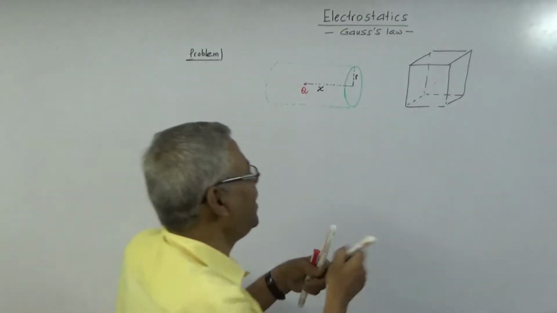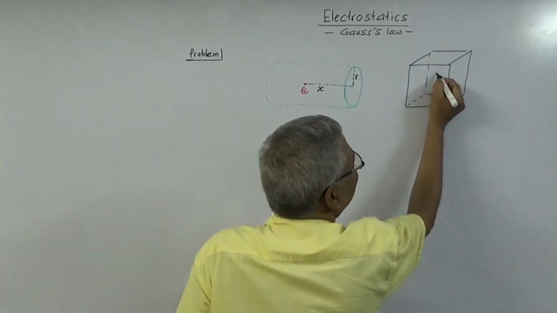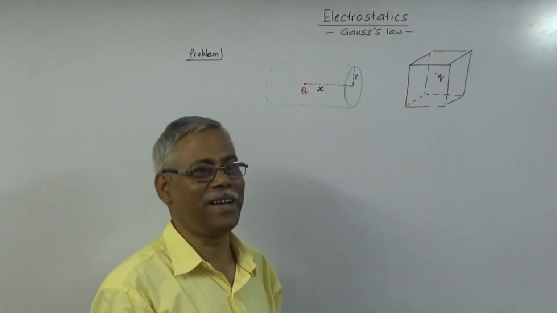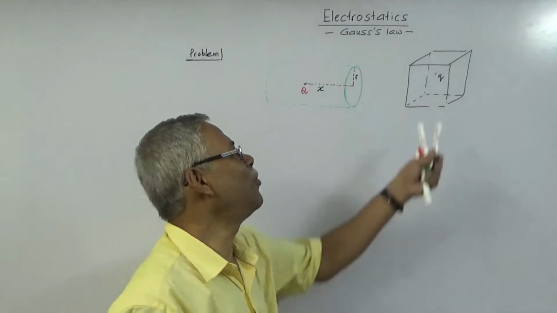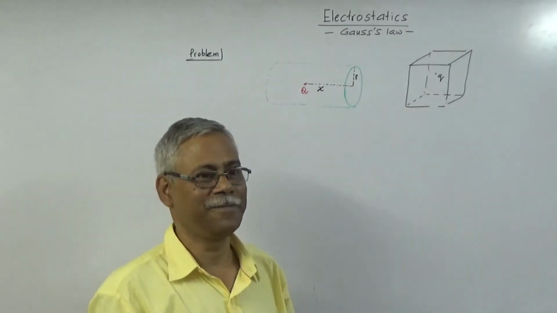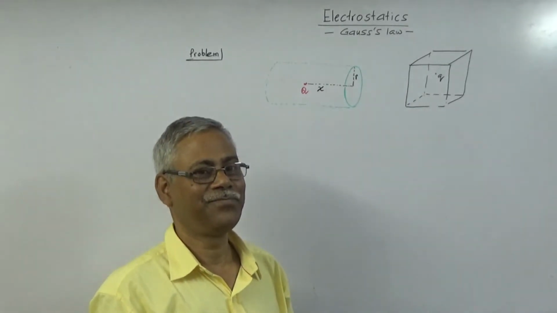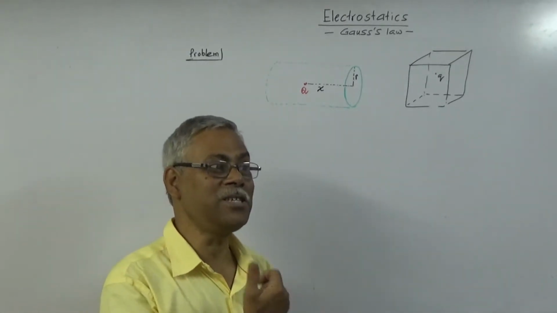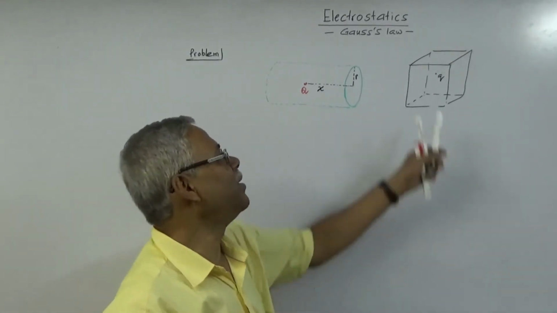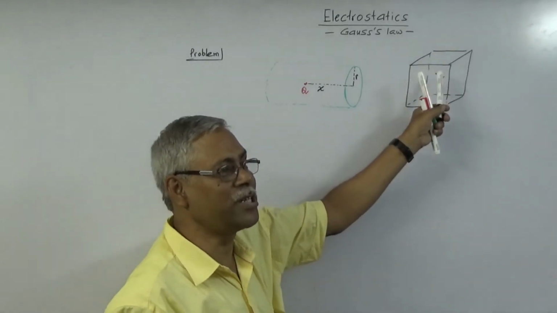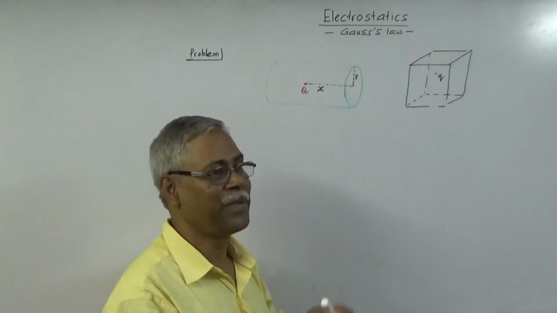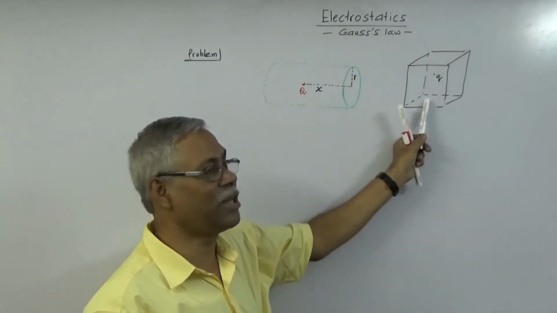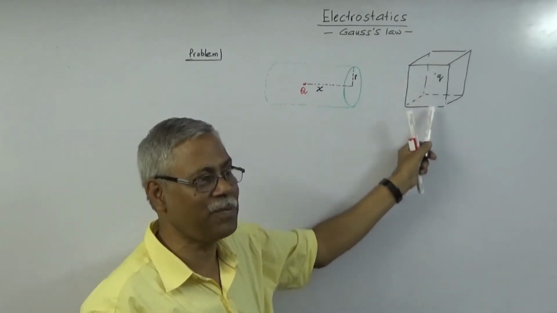But consider the same problem. If I tell you that the charge is placed here, not at the center, and if I ask you how much flux is falling on the bottom surface, it will not be easy at all. Because total flux is known, Q by epsilon naught. But the top surface is closer to the charge, so it will receive more flux compared to this surface which is away from the charge.